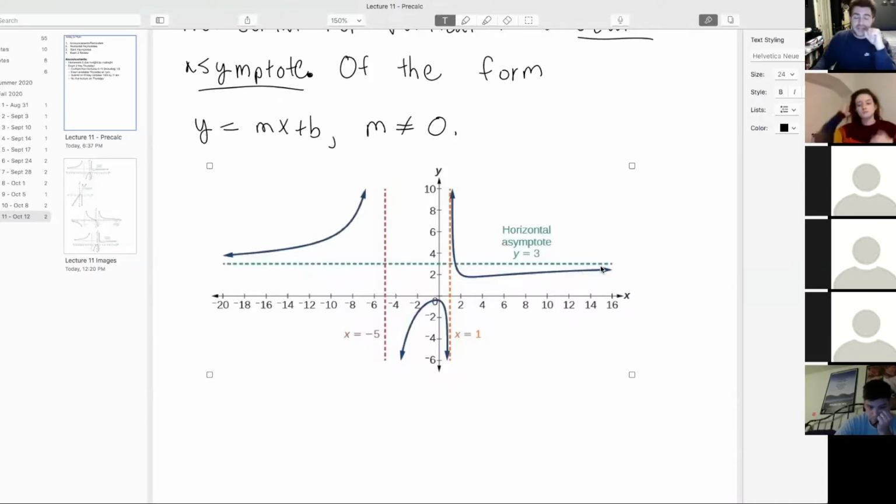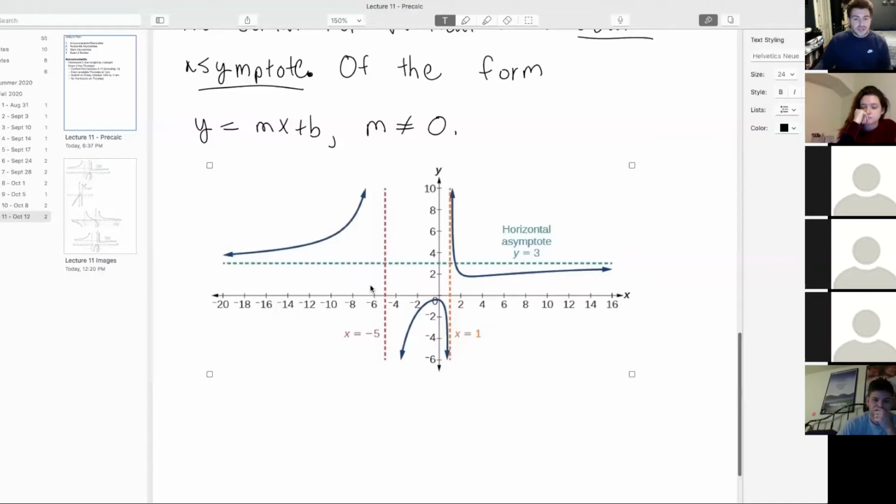And also as x approaches minus infinity, as we travel out towards the left, the graph is also becoming arbitrarily close to this dotted line. When I say arbitrarily close, it means that the distance between the graph and the horizontal asymptote is approaching 0. So that's just a horizontal asymptote.